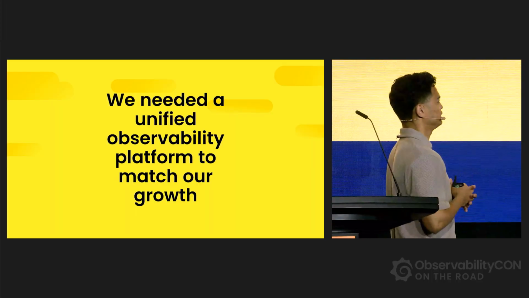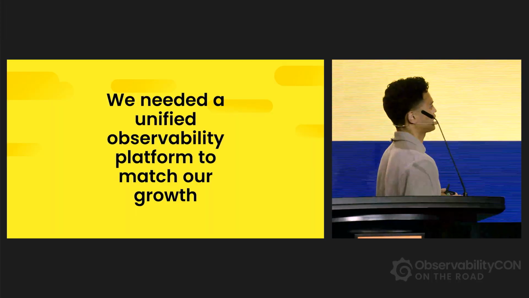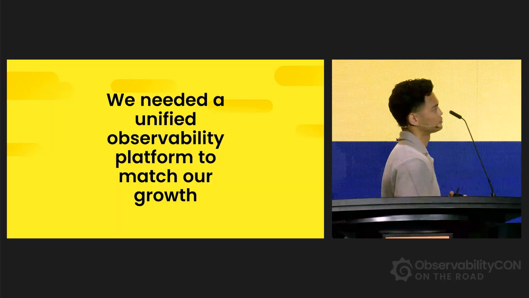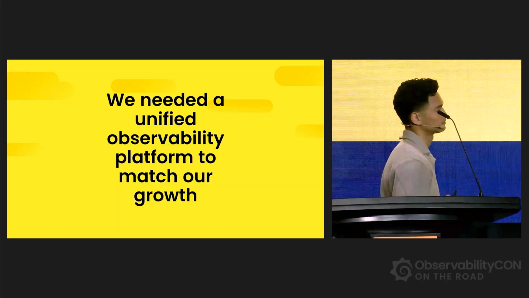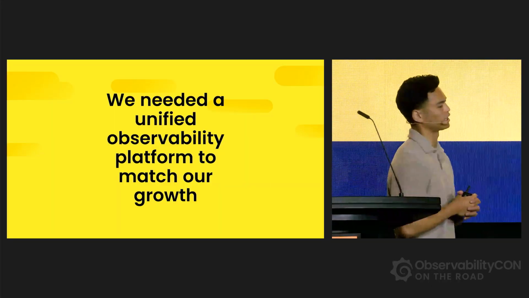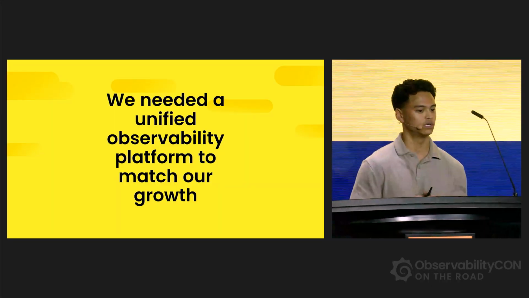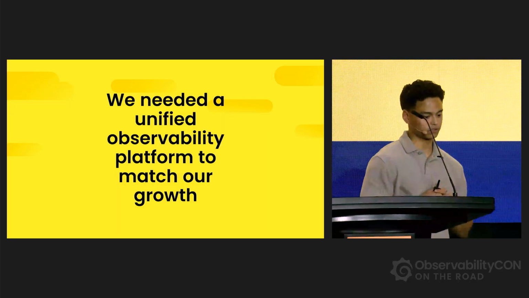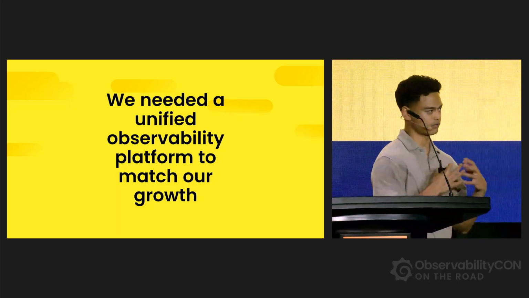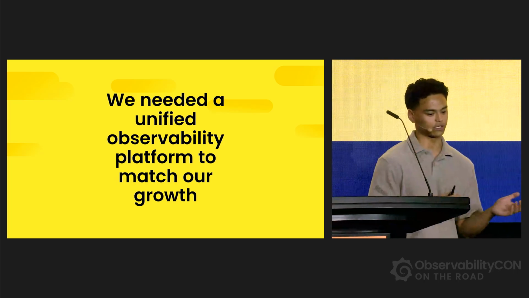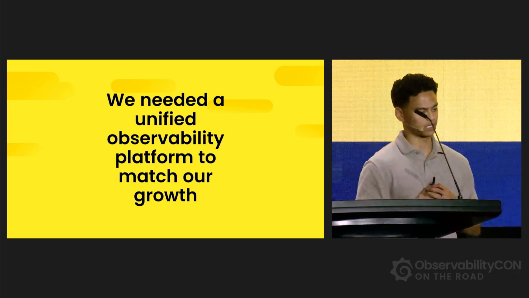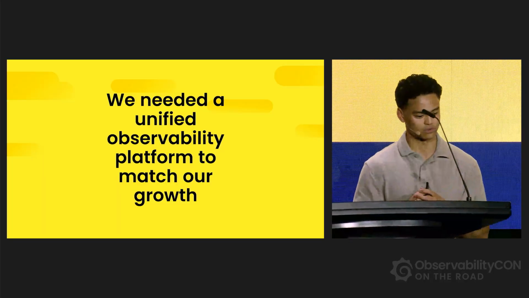We understood that there was a gap, and we sat down and came to the conclusion that we needed a unified observability tool to match our platform's growth. Something that could bring together everything from metrics, logging, alerting, operational signals into a single pane of glass, instead of having that across multiple tools.